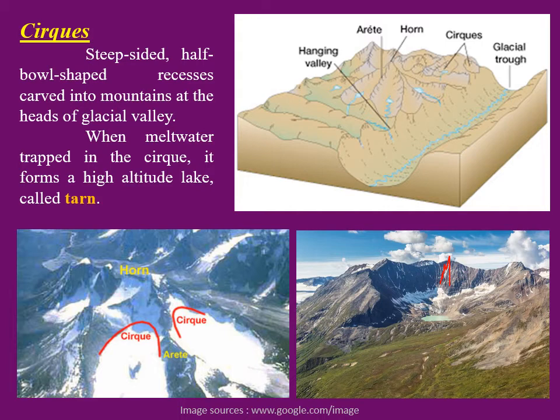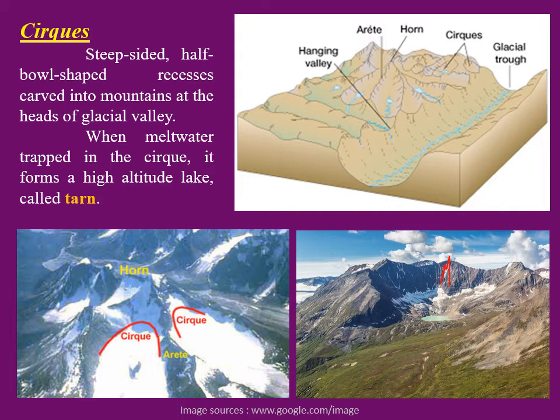During times of higher temperature, when meltwater is trapped within these depressions, within this cirque, they form a high altitude lake. As you can see, this cirque is basically a bowl, where the main depression is at the center.